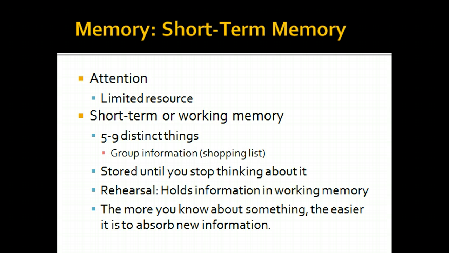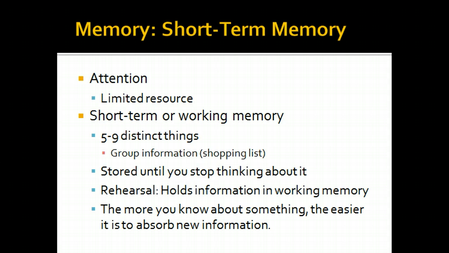Okay, I need my ruler and my pencil and my book and some scratch paper and a calculator. Now, what do I need for my English class? Well, I need to bring my book that I was reading and my book for that class and my binder. So you can remember some more things if you group them together.